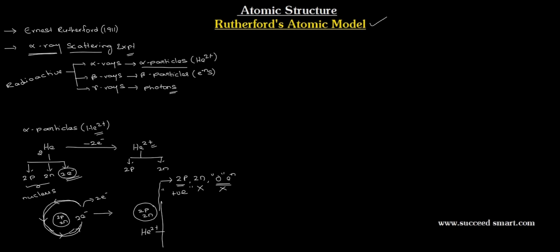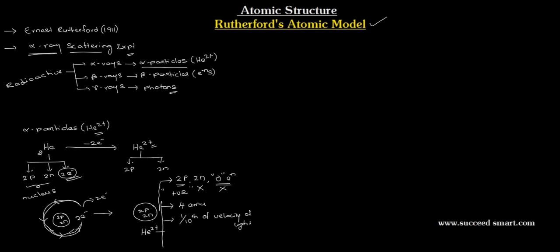Coming towards the next property of He2+, it has a mass of 4 amu. It travels with a velocity equal to one tenth of the velocity of light.